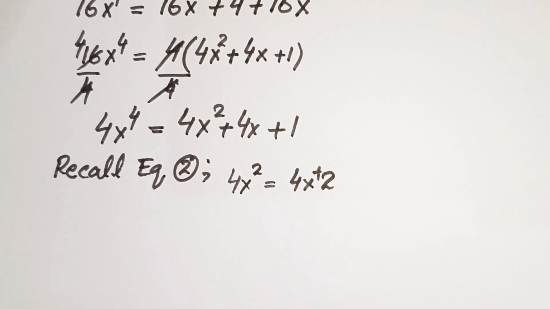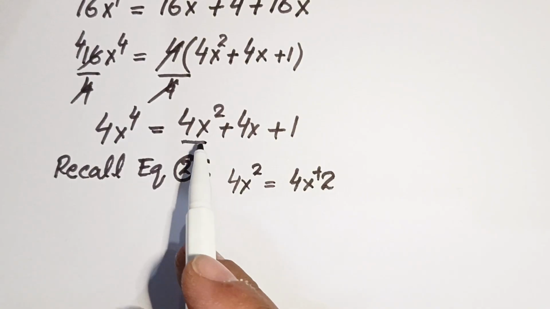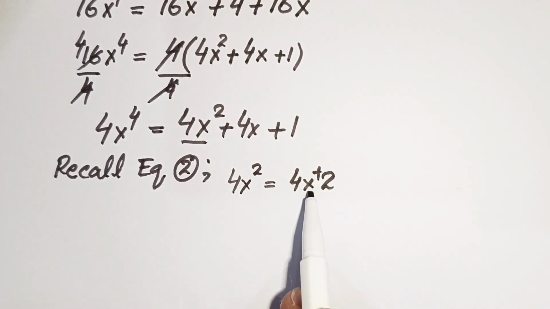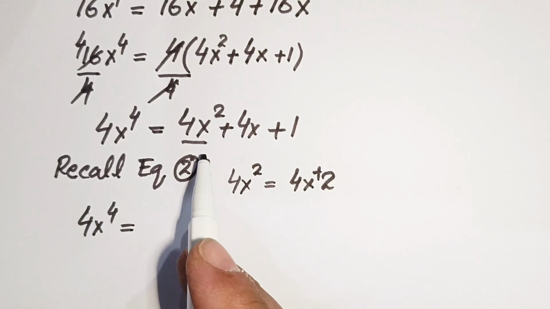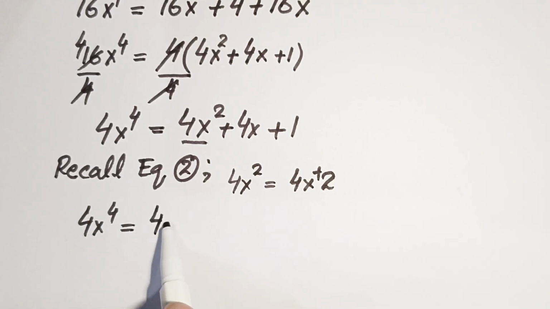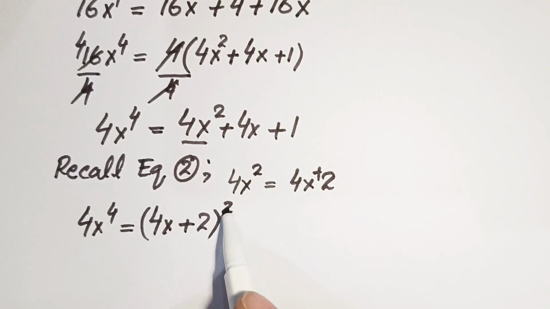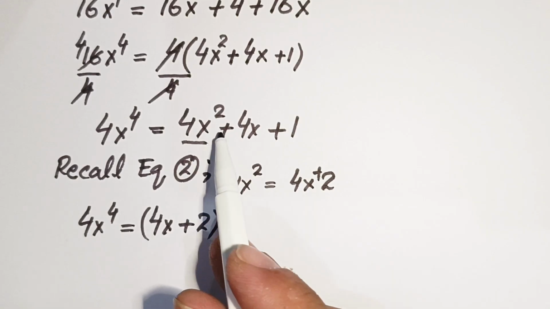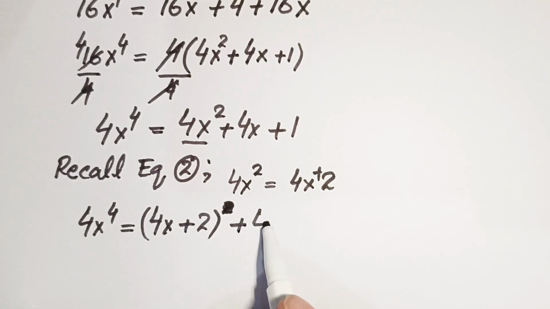Now we just substitute this value of 4x squared into 4x to the power 4, which is equal to 4x squared written as 4x plus 2, plus 4 times x plus 1. Sorry, there is no whole squared because it is just 4x squared, so we just write 4x plus 2 plus 4 times x plus 1.